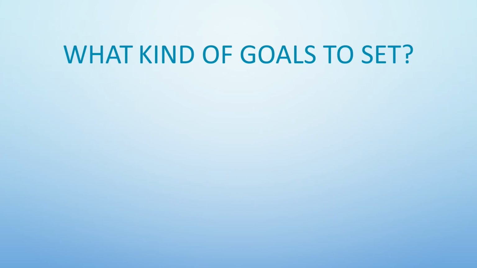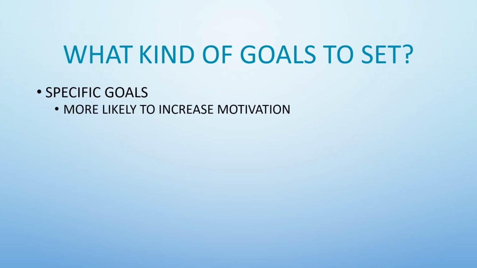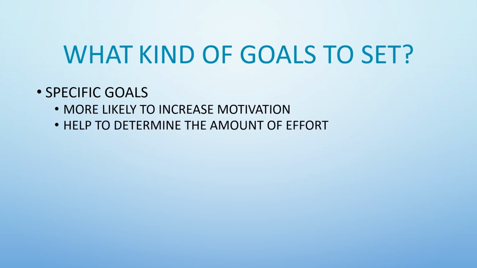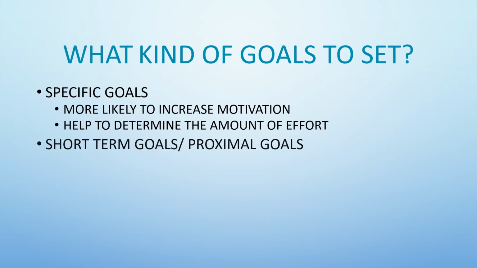Now let's come to the first step, defining goals. What should be the type of goals we set? Our goals should be specific goals, as they are more likely to increase motivation and help to determine the amount of effort. We should also focus on short-term goals, proximal goals.